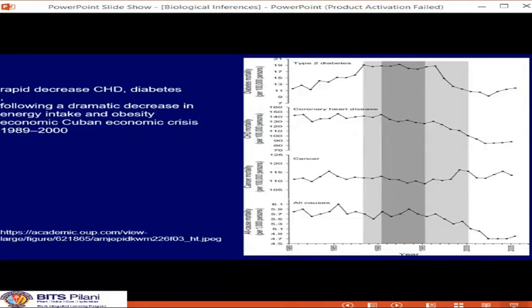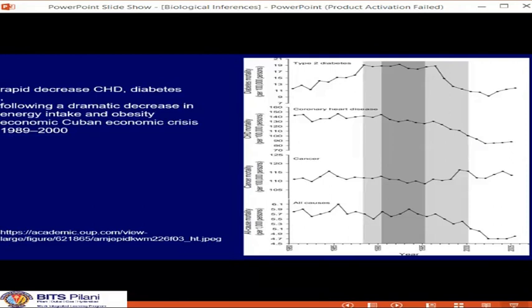Because of the crisis, there were severe food shortages, and people did not have enough food to eat. As a result, obesity levels, body mass index and weight came down dramatically during that time period.